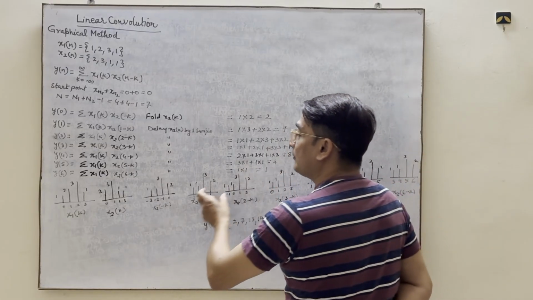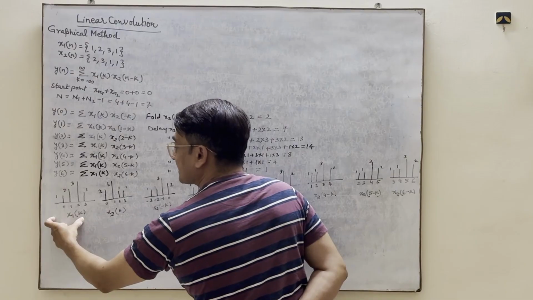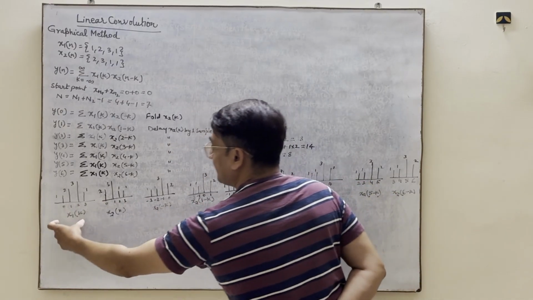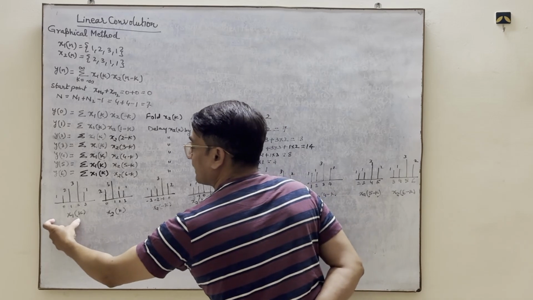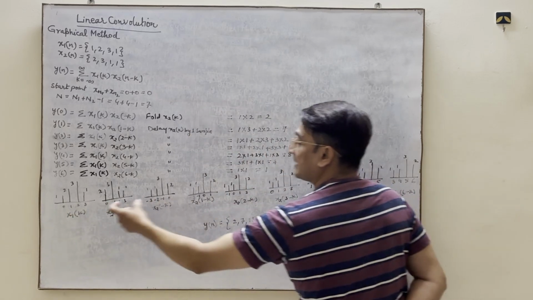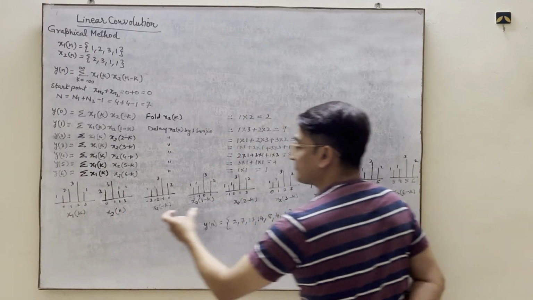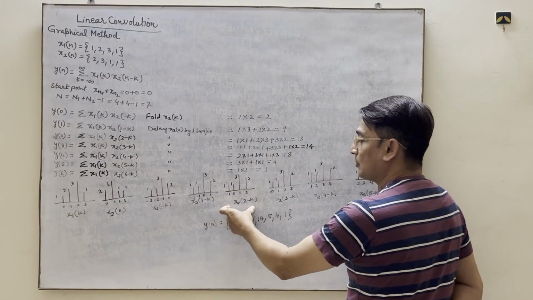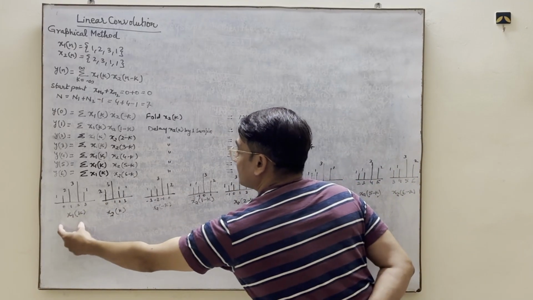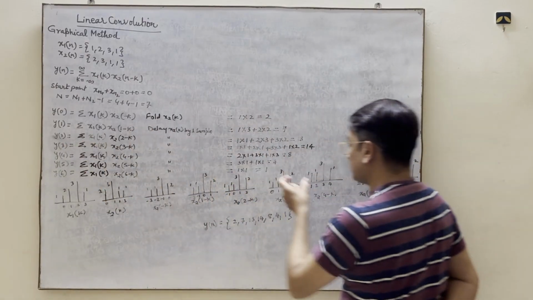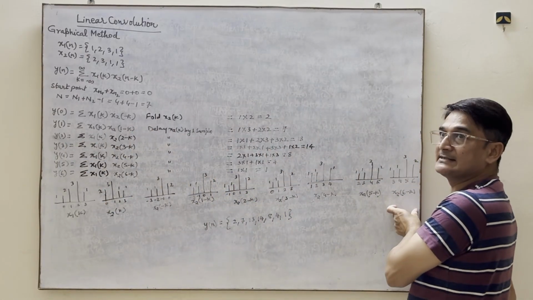And what I am doing is, I am multiplying this x1 of k with every value. For y0 I will multiply this with this. For y1 I multiply x1 of k with x2 of 1 minus k. Then y2 is x1k into x2 of 2 minus k, x1k into x2 of 3 minus k will give you y3, then y4, y5 and y6.